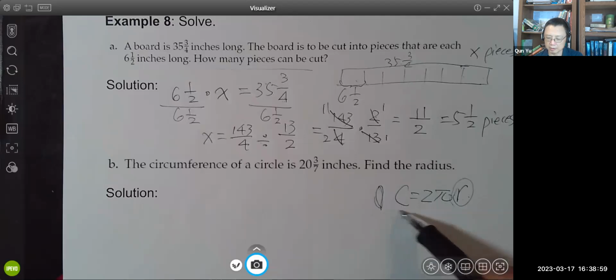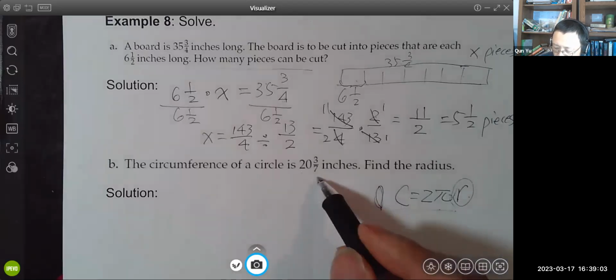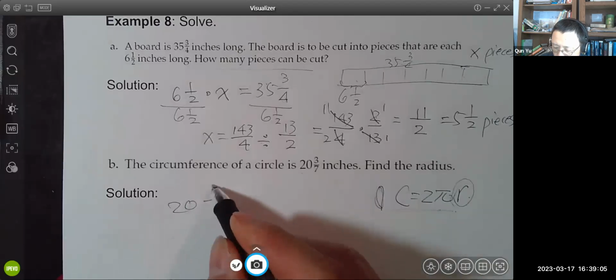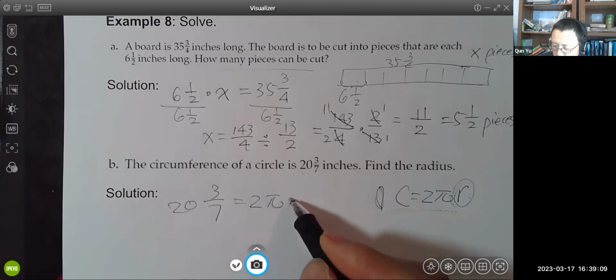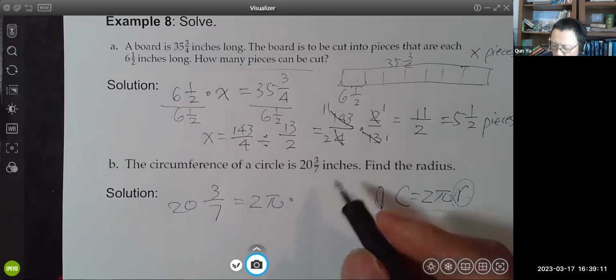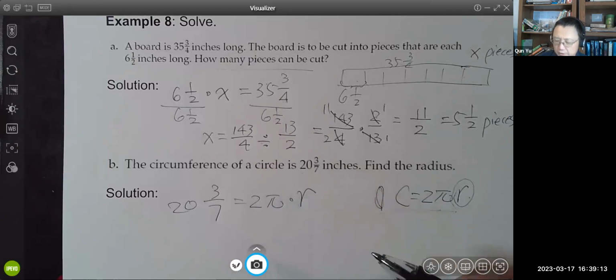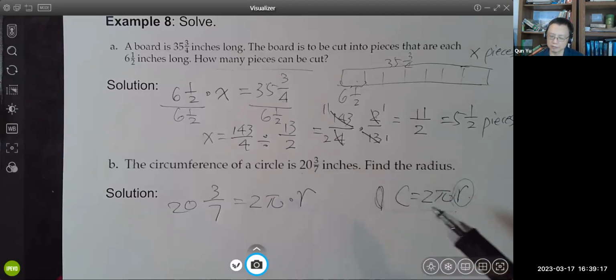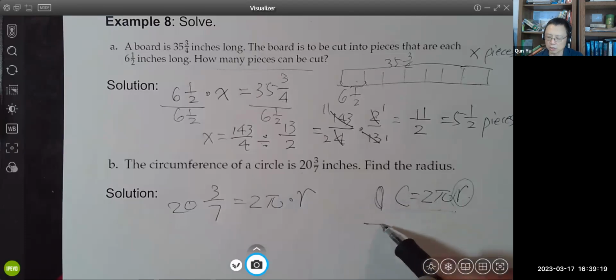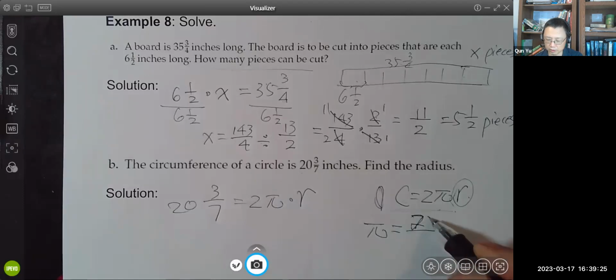So we set up equation according to this. So this is the circumference, 20 and 3/7 equals 2 times pi times radius. We don't know the radius, we solve it. But here, since we are working with fractions, we don't want to work with decimals, and you can replace pi with an approximation, which is fraction 22/7.